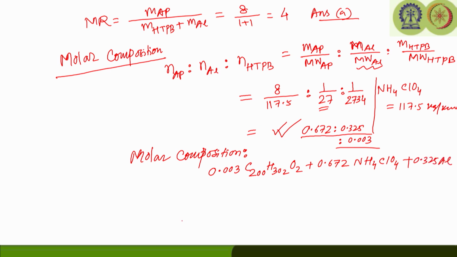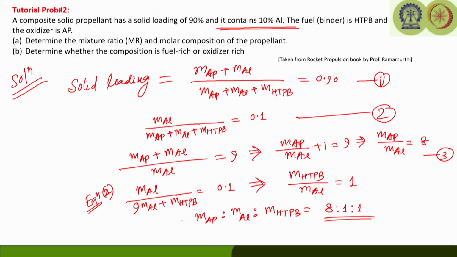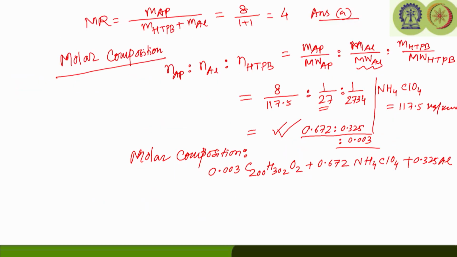Now, in the second question, if you remember, it was asking us to find out whether the composition is fuel rich or oxidizer rich. Now, how do you find out that thing, that whether it is a oxidizer rich or fuel rich?